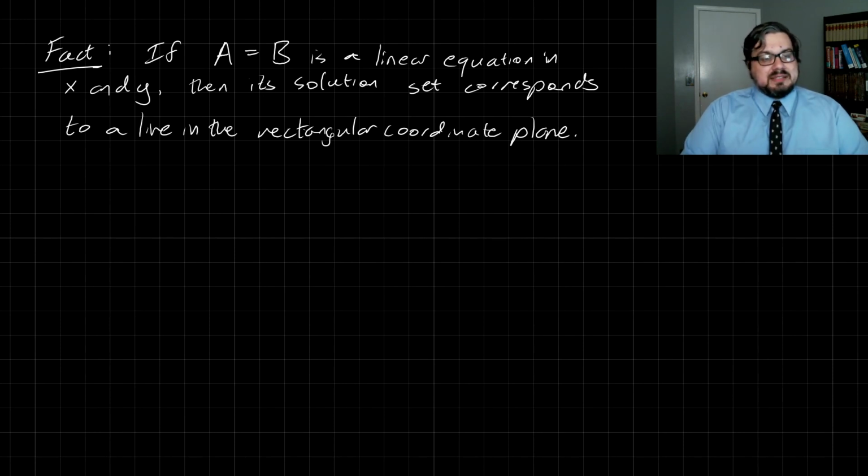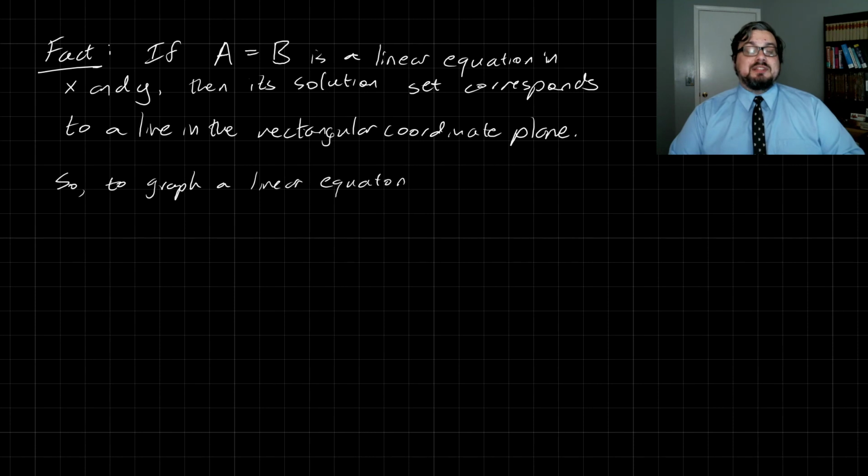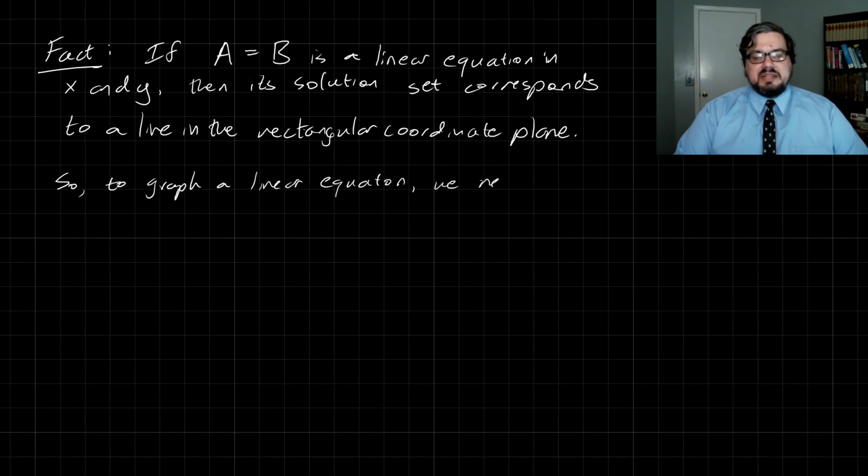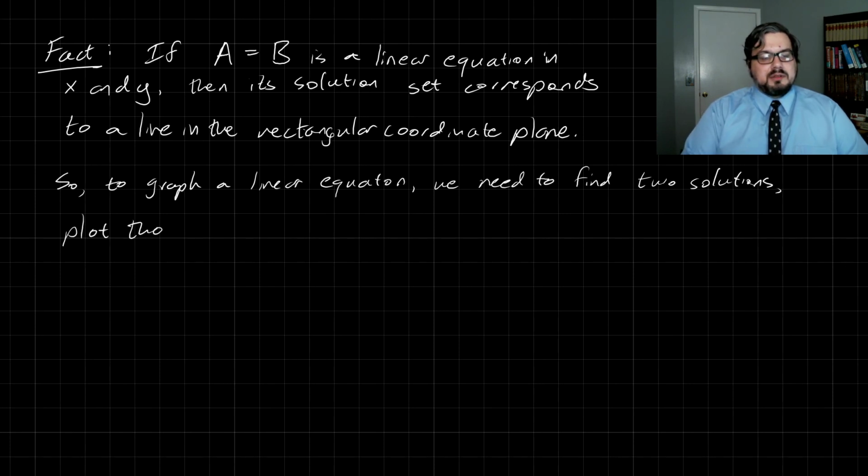So what this means is that to graph a linear equation, which means to graph the solution set of the linear equation, we just need to find 2 solutions, plot those points, then draw the line through them.